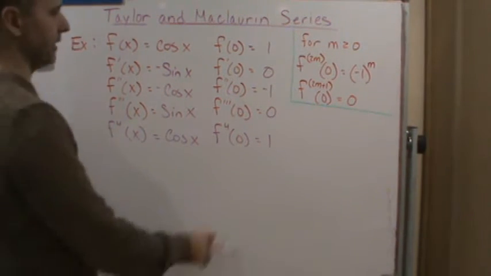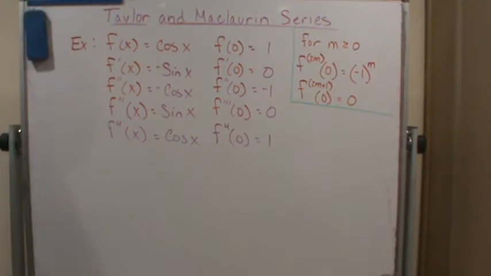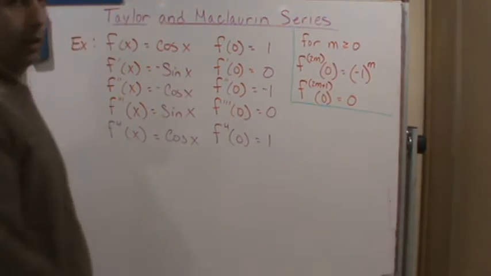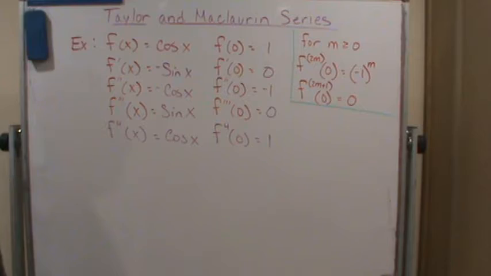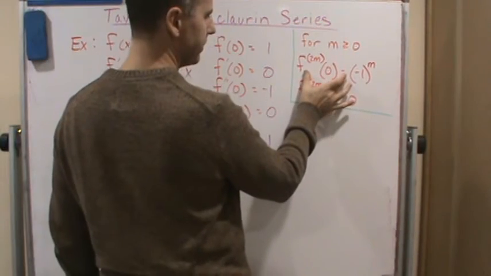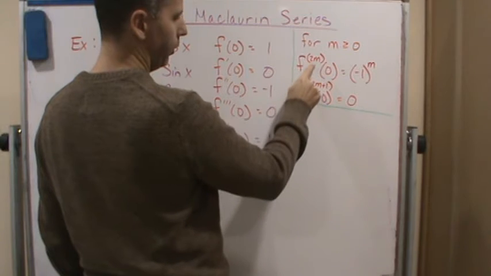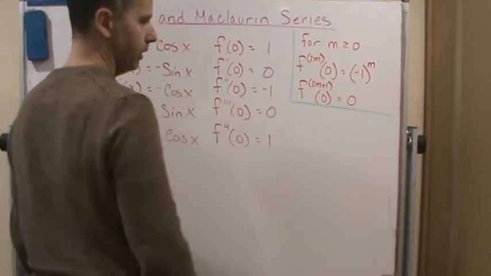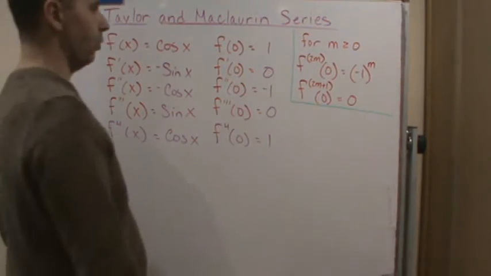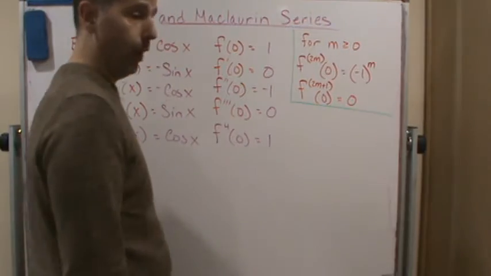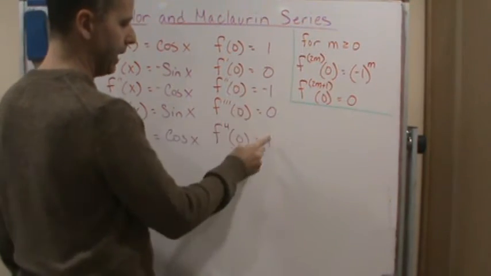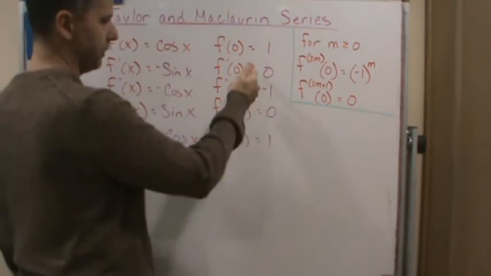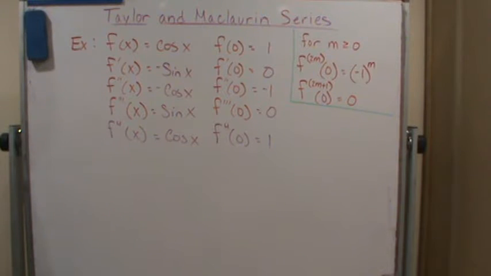And so notice that we have the cyclic pattern of 4, which means that for all integers greater than or equal to 0, we have this and this. So for all derivatives of the even kind, we're going to have a power of negative 1, so it's going to alternate between positive and negative 1. Okay? If it's an odd derivative, then it's just going to be 0. Okay, so that's the pattern that we're dealing with.